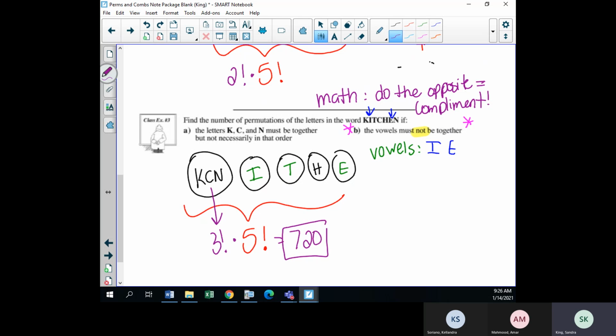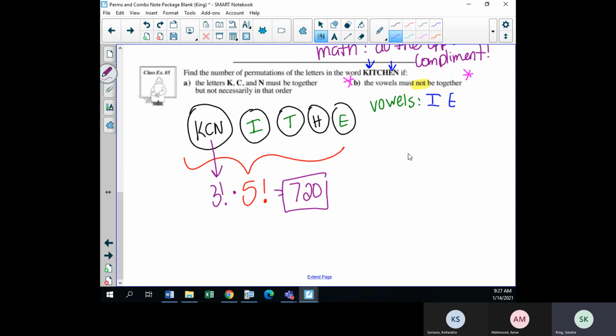Pretty soon we're going to do how many different arrangements can 5 students take a picture if Haley and Gabby cannot be side by side? The complement of they can't be together is you put them together. That's the complement, it's the opposite. So if two kids can't stand next to each other, then the complement is you put them next to each other.